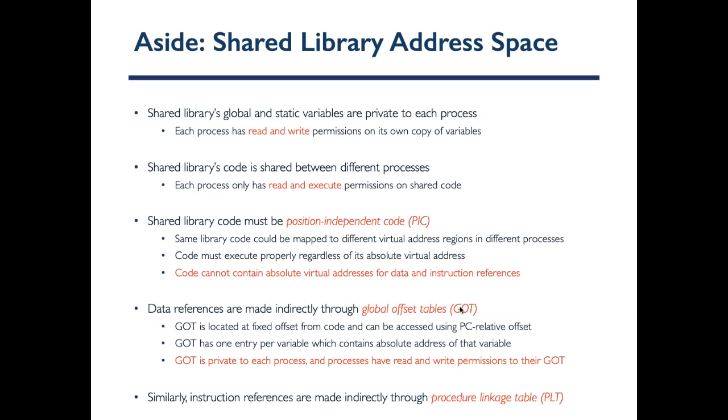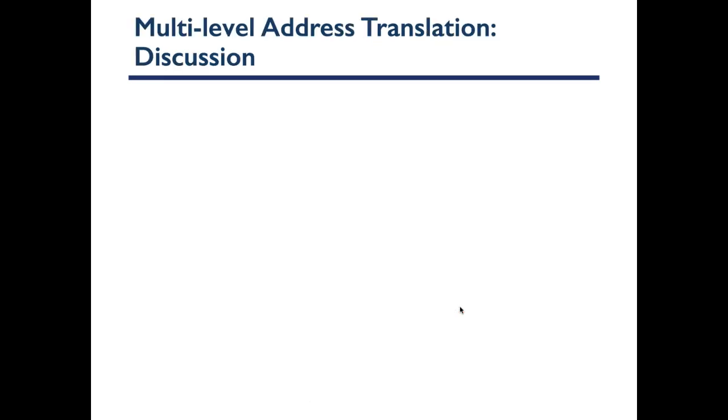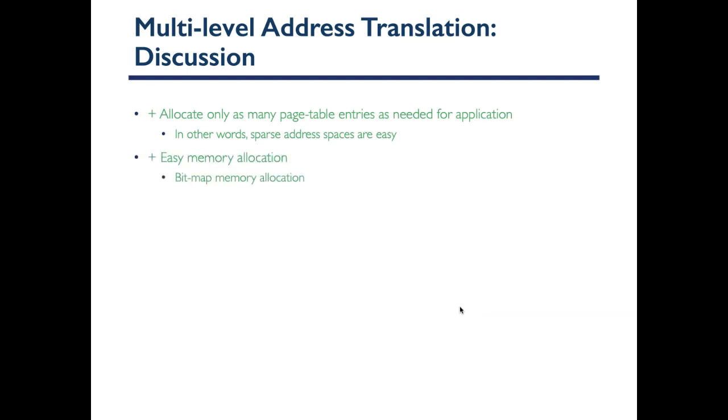Okay, so let's finish our discussion on multi-level address translation. These are the positive things. We're not wasting space on the page table; we just allocate as needed. Memory allocation is easy because we don't have external fragmentation.